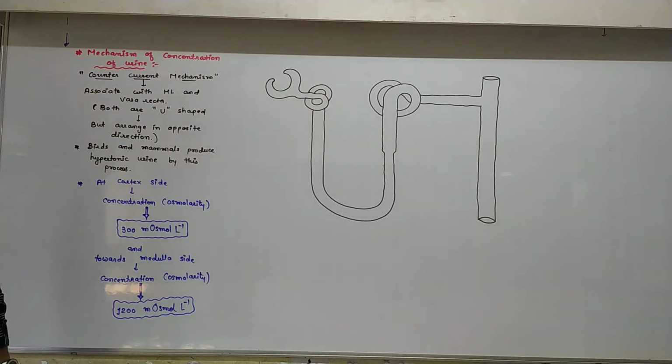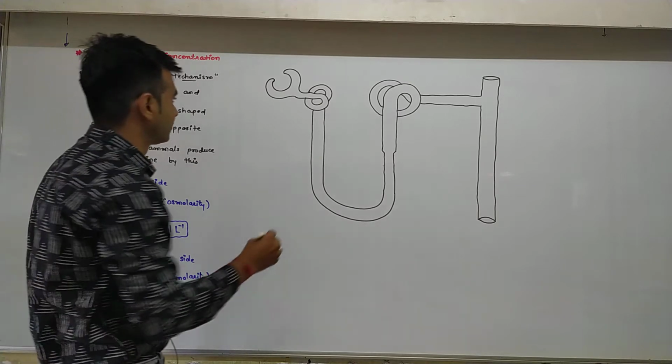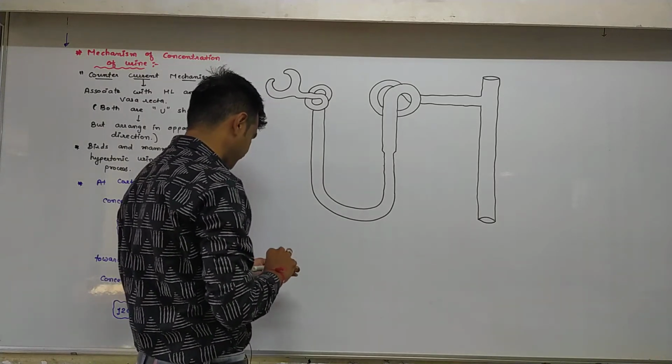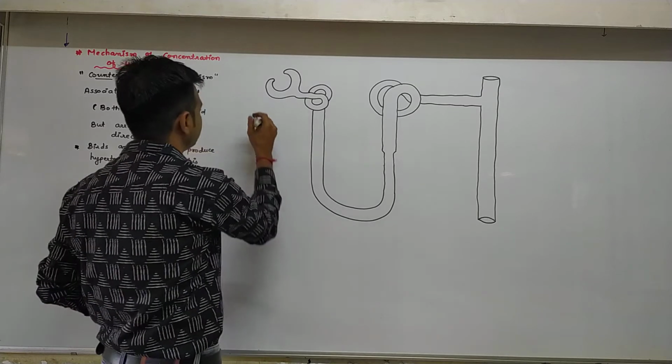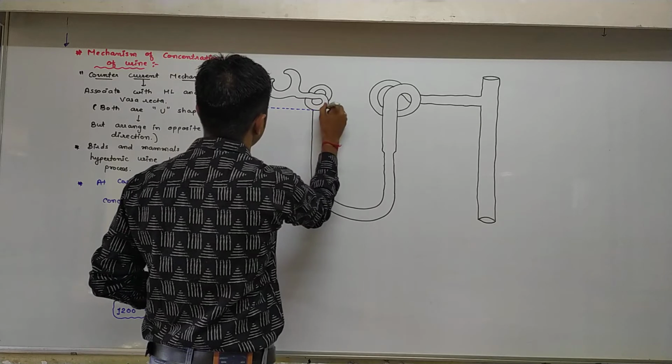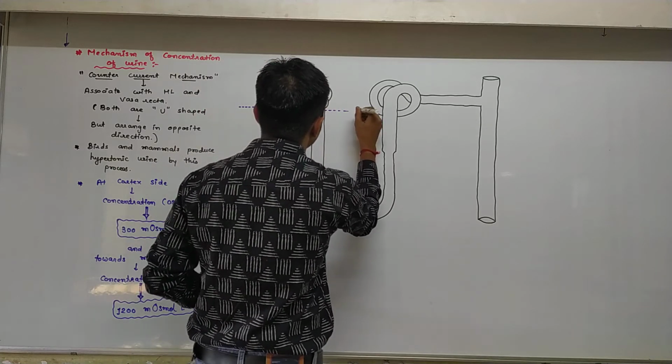Now, last time I am drawing this diagram. Next onwards there is no need to draw this. Now I can draw the dotted line here.